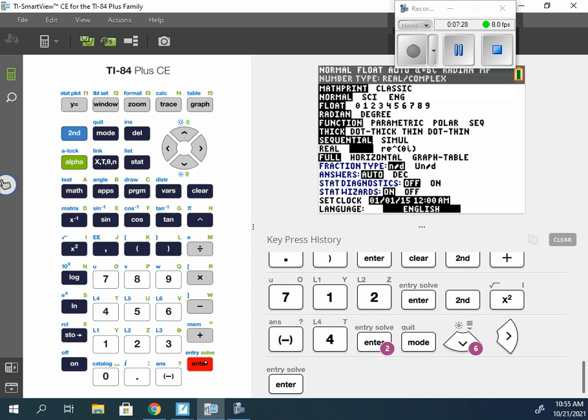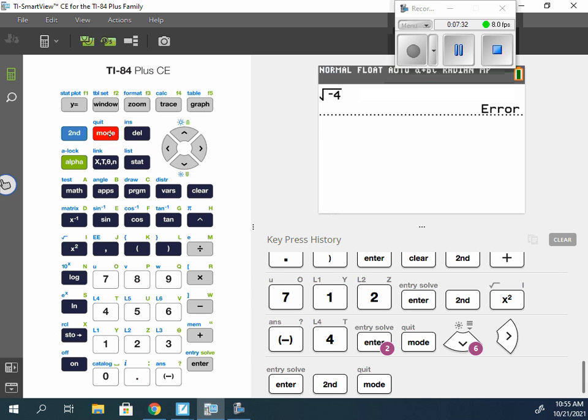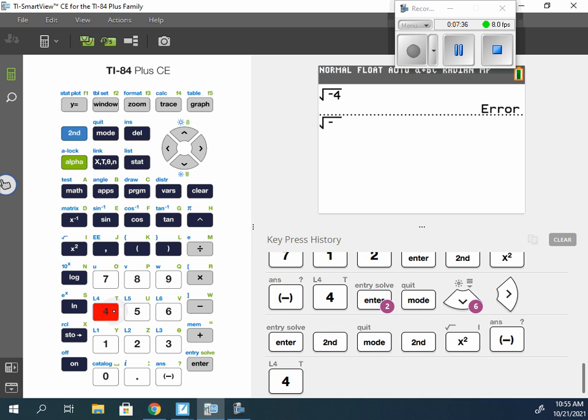So if we hit enter and have it selected, we can go second, quit. And I'm going to try this again. Second, square root, negative 4. And hit enter. Now it doesn't give me an error this time. It tells me that it is 2i.